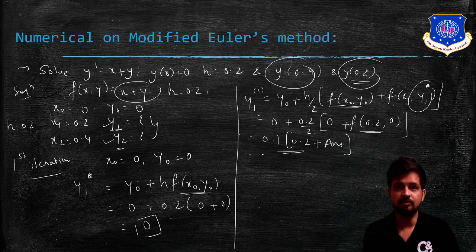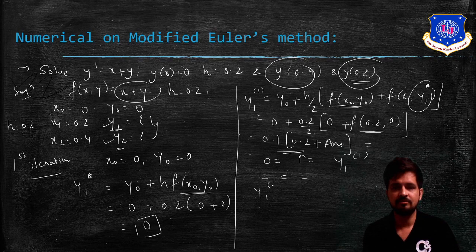Make an equation in the calculator: 0.1 into 0.2 plus answer. We don't know which value has been taken by the calculator as answer, so you have to start from 0. y1 star is 0. So 0, equal to, up key, equal to. This will be your y11. Okay. Then again press equal to.